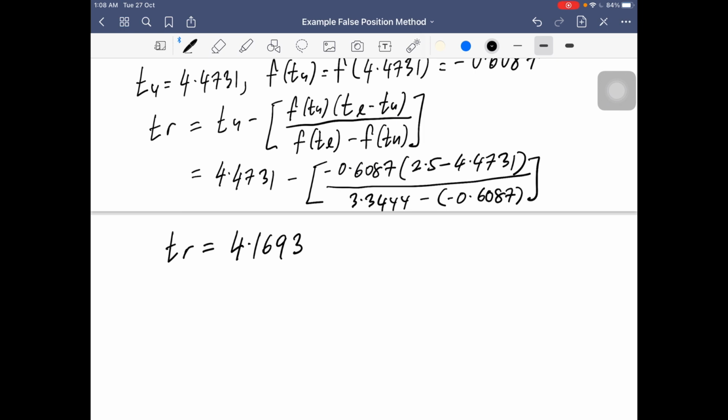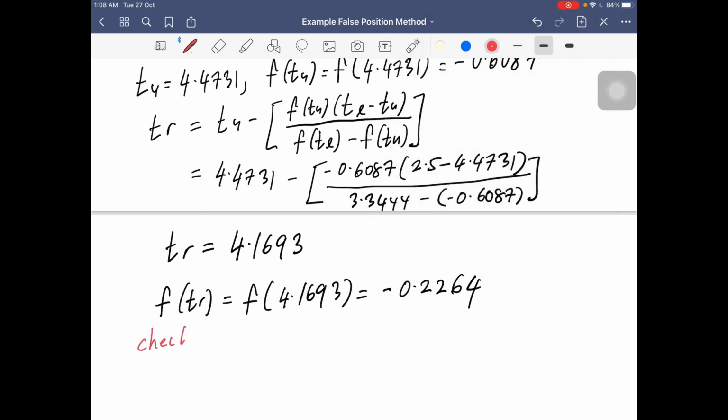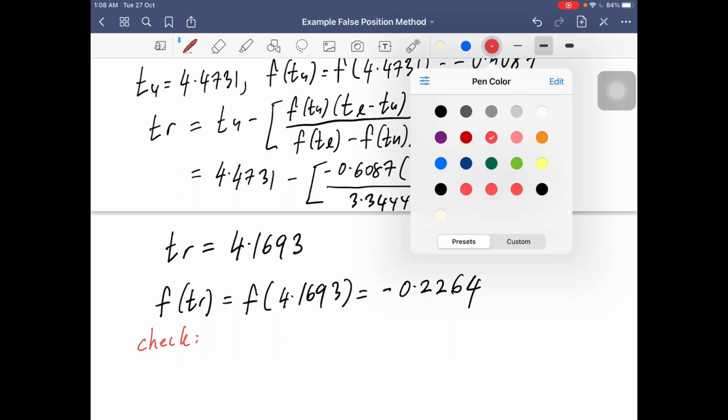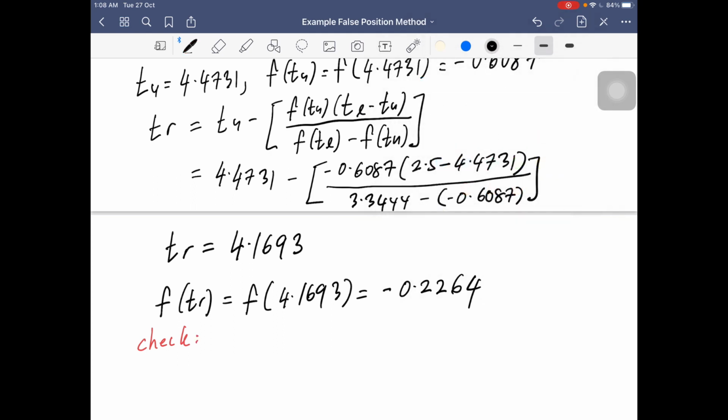Okay, then we calculate the value of our FTR. So we insert the TR into our function. Then if you use your calculator, you should get FTR equal to 0.2264. Okay, so again we need to check the condition.